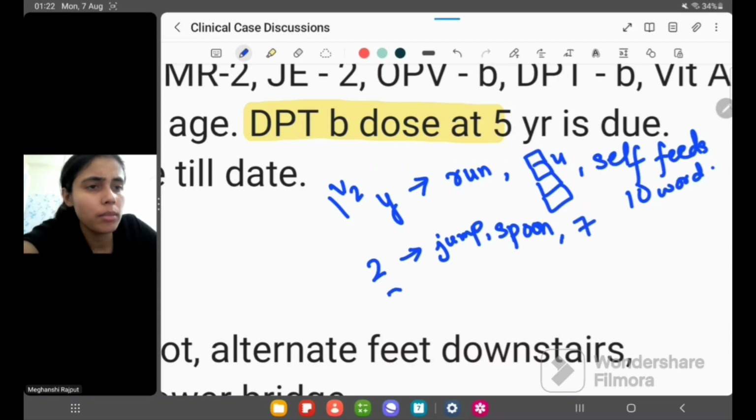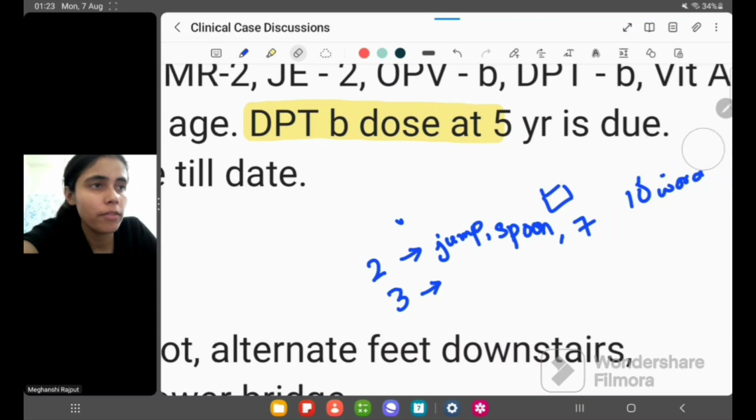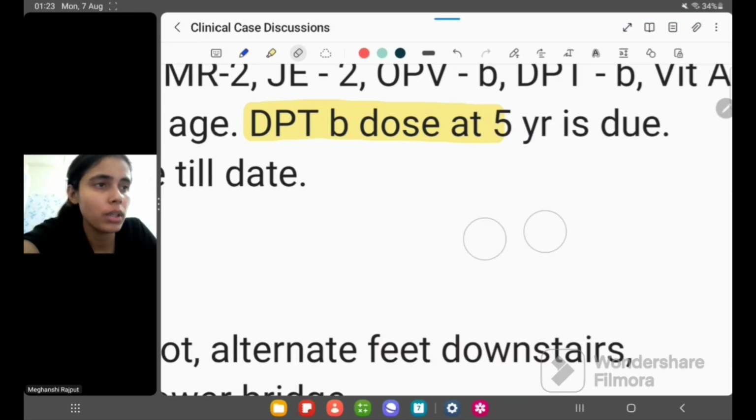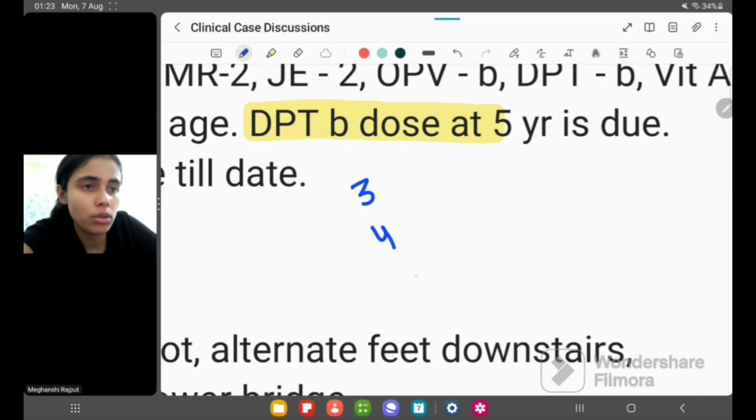Then by 3 years of age, how can we remember 3, 4, and 5? Let's take 3 years, 4 years, and 5 years of age. The shapes which the child can draw would be a circle at 3 years, a four-sided square at 4 years, and a triangle at 5 years of age.